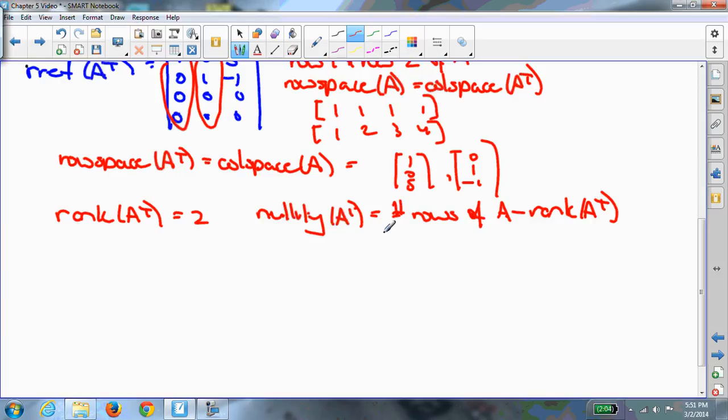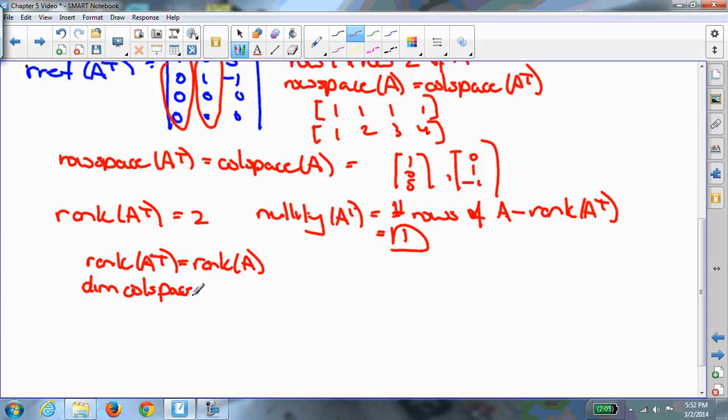And in this case, that's going to be 1. So, if you recall, the rank of A transpose is always equal to the rank of A, because the dimension of the column space is always equal to the dimension of the row space.